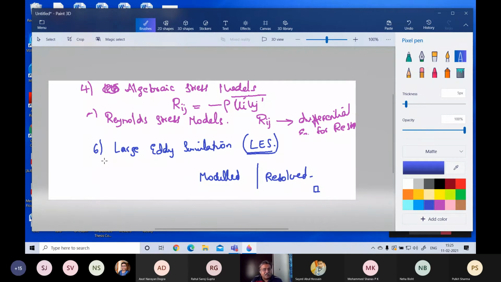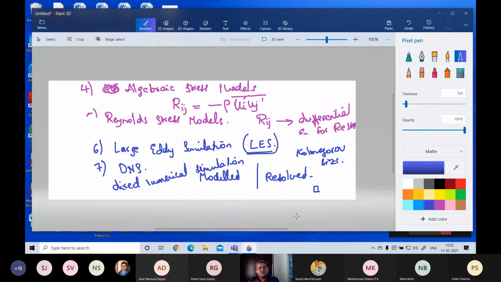Finally, something which is almost at an impossible level is known as DNS, direct numerical simulation. What it does is the whole domain is divided into grids as small as the Kolmogorov size eddies.